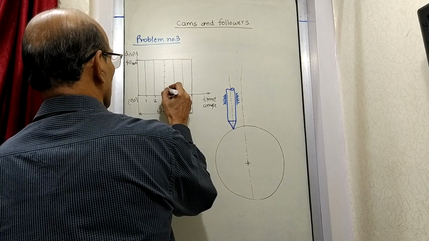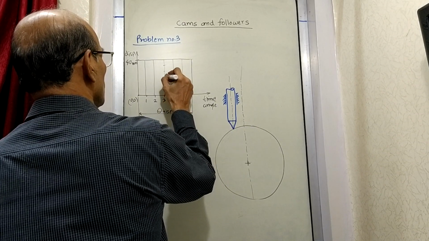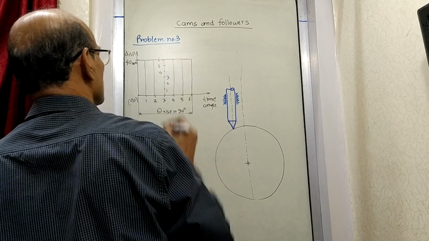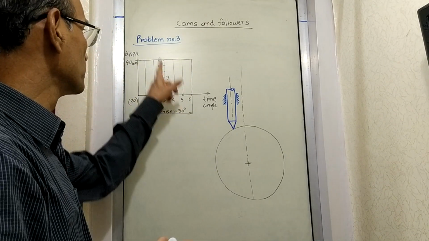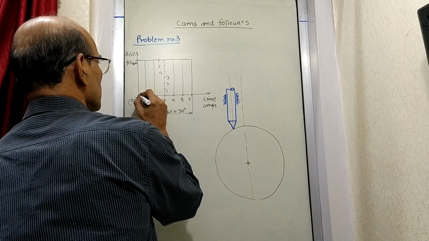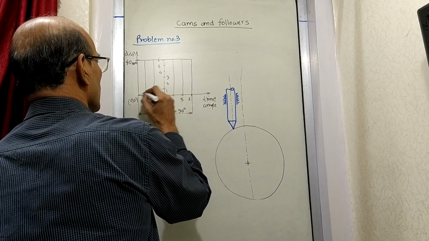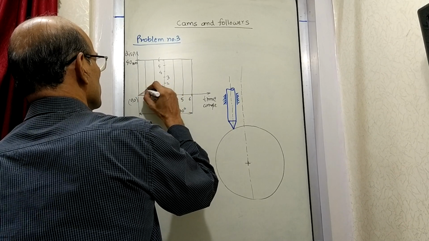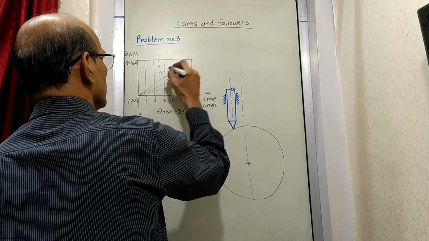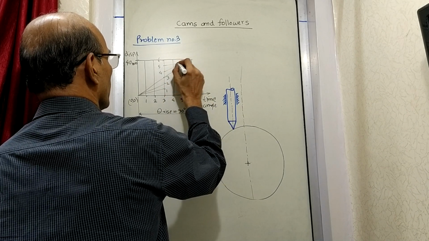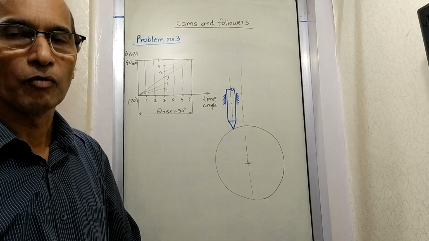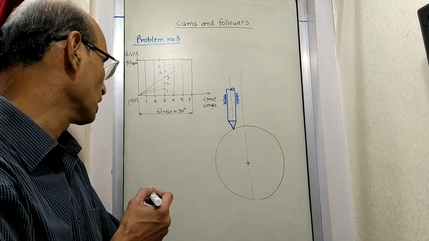Then we write the numbers 1, 2, 3, 4, 5 and 6. Now from here we are going to join 0 to 1, 0 to 2, 0 to 3. From this side, this point to 3 which is the same, then 4, 5. So we draw the lines like this. If you remember, this procedure was used earlier for drawing the parabola.